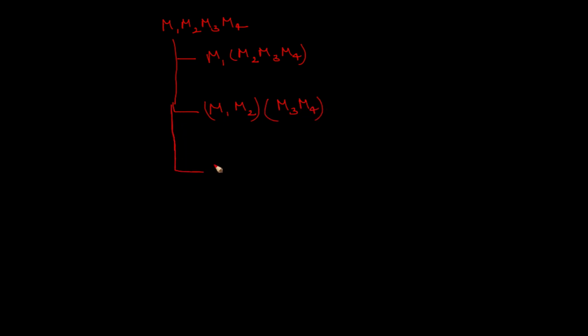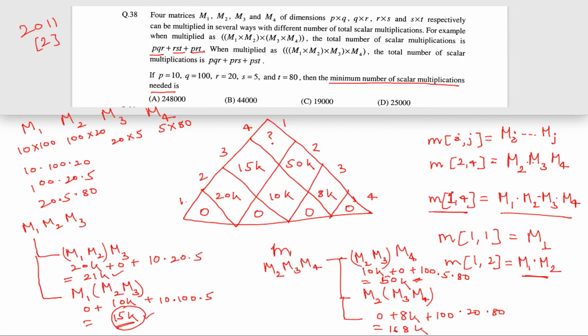Another way can be something like M1 M2, M3, and then M4. Why am I not parenthesizing these? Because these are already solved problems. We will directly reuse the values we got earlier. Let's see what the values are. M1 is a single matrix, and M24 is 50,000.